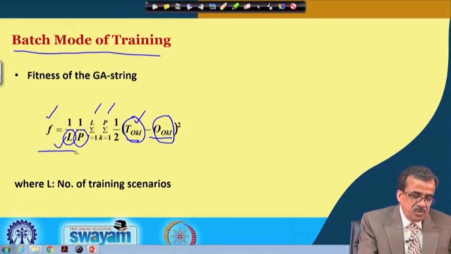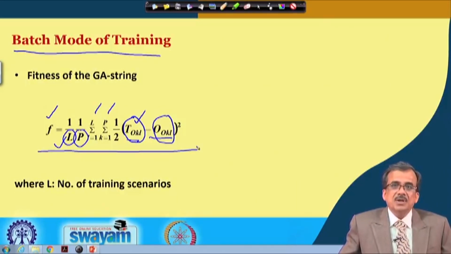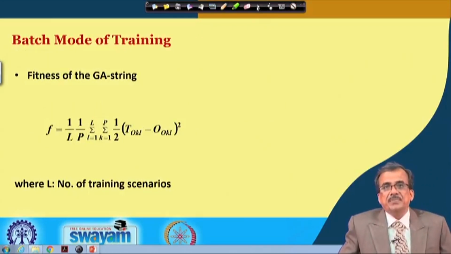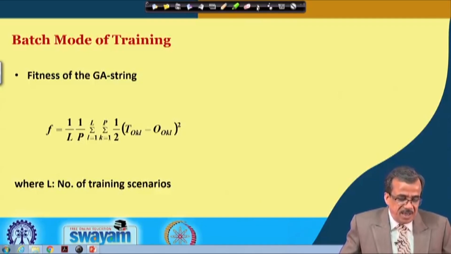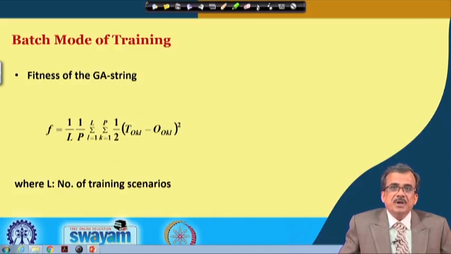This is the way we calculate the fitness of a particular GA string, and once you have the fitness information for the whole population, we are in a position to discuss how it can evolve that optimal network. As GA works based on the principle of evolution, there is a possibility that the GA will find multiple optimal solutions for this particular network.